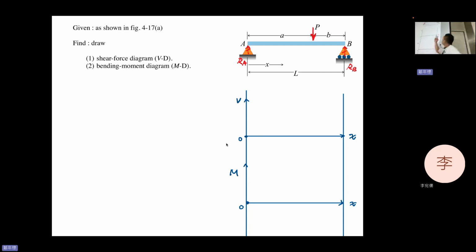So we have two reaction forces. Let's solve that. Let me take a look. RA.